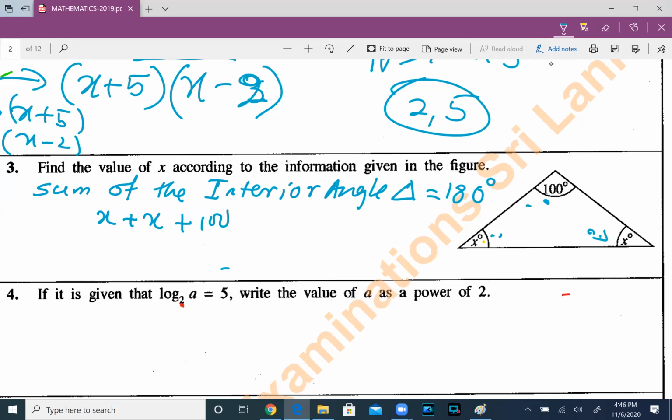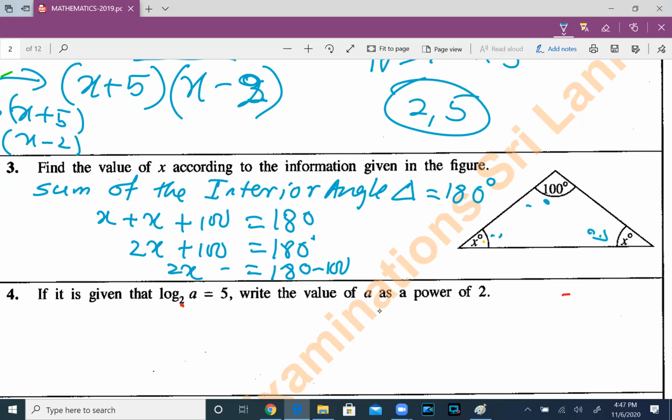So x plus x plus 100 is equal to 180. Next, 2x plus 100 is equal to 180. Which means 2x is equal to 180 minus 100.